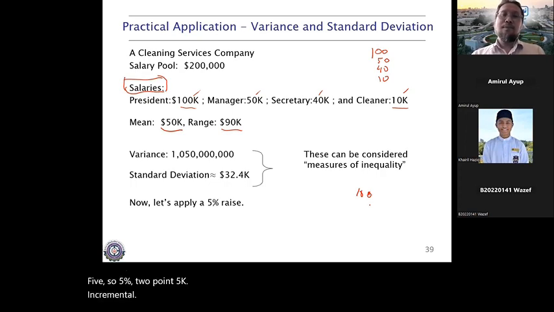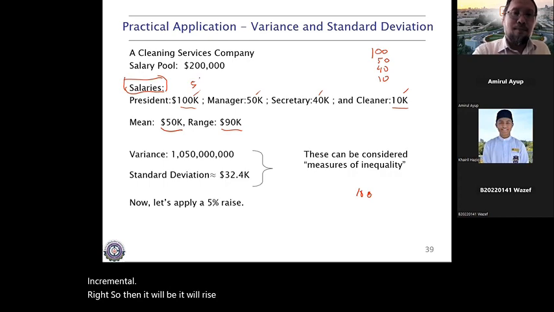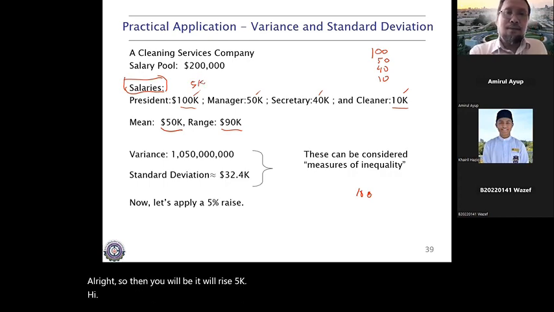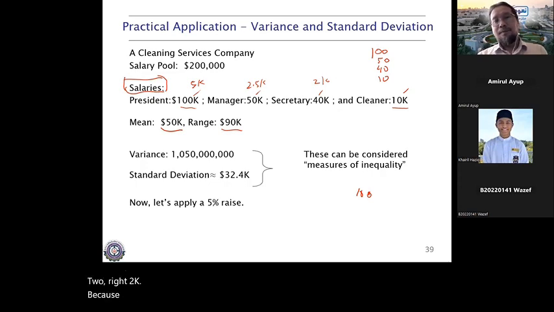For the 40K salary, it will rise 2K because of 5%.